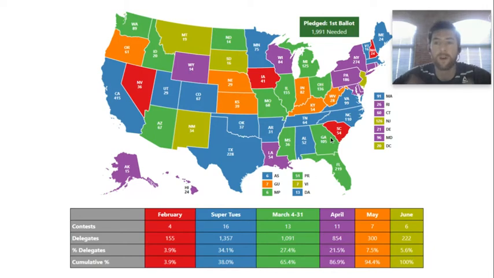That will eventually translate into electoral votes when the presidential election kicks off later in the year. But again, you want to get to this number, 1,991. Once you get to 1,991, you have won that.